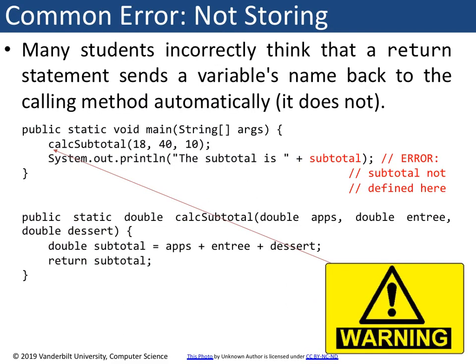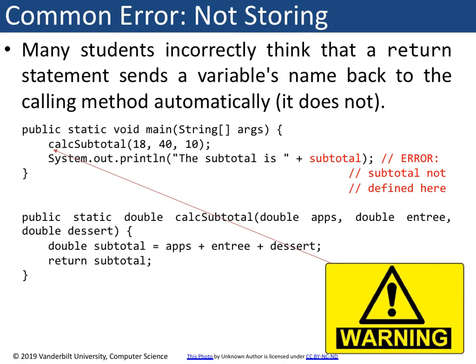It's a common mistake when you begin to program and you're using methods to expect that the method will actually send the value back to a variable, but this doesn't happen magically. You must have a variable assigned the value which is returned.